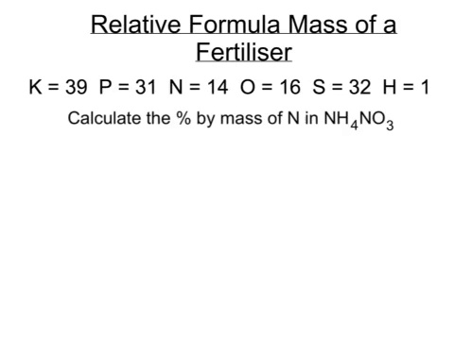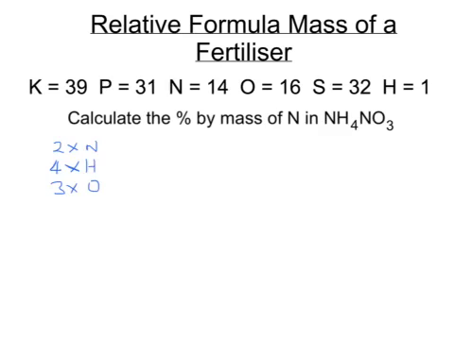One fertilizer she might choose is ammonium nitrate. So the first thing we'd have to do is to work out the relative formula mass of ammonium nitrate. And by looking at the formula, we see that there are 2 lots of nitrogen atoms in each formula, there are 4 lots of hydrogen atoms in each formula, and 3 lots of oxygen atoms in each formula.